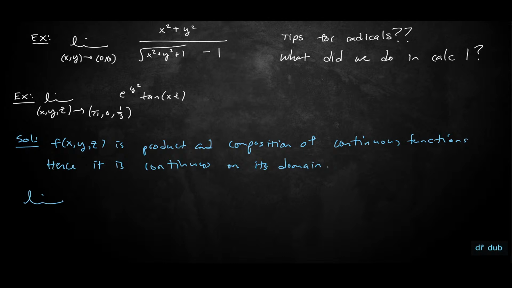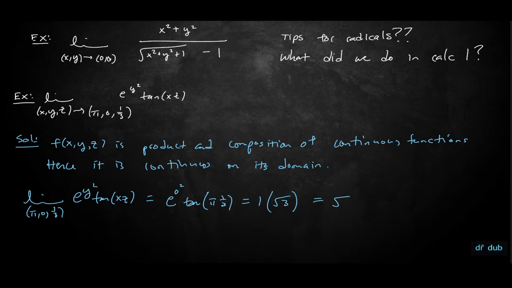So then the limit of e to the y squared tangent xz at this point pi, 0, 1/3 is just going to be e to the 0 squared, so just plug in the point, times tangent of pi times 1/3. So it's just 1 times tangent of pi over 3, which is square root of 3. So the answer here would just be square root of 3.